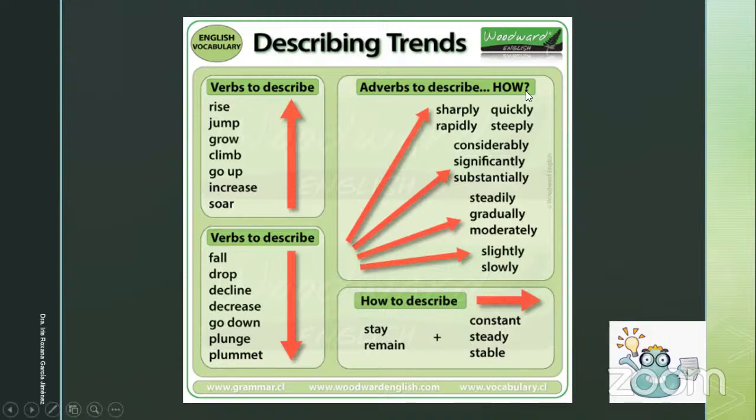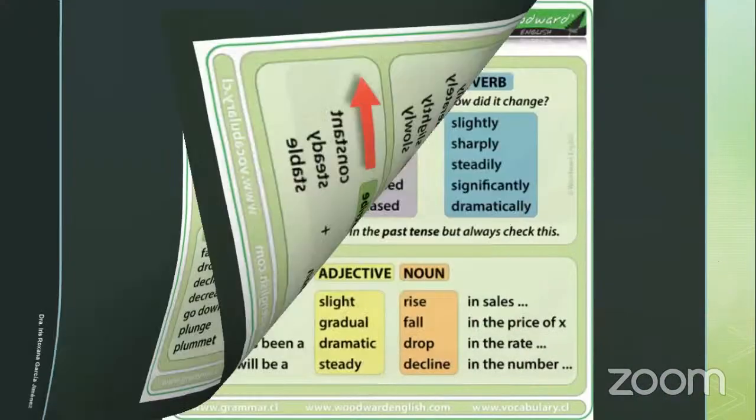Then the adverbs, how this process is done. All of them, take them into account. And how to describe the remain: remain plus constant, steady, or stable. Take this into account in order to write properly without missing information or maybe reading a synonym and losing the idea. That's important, okay?